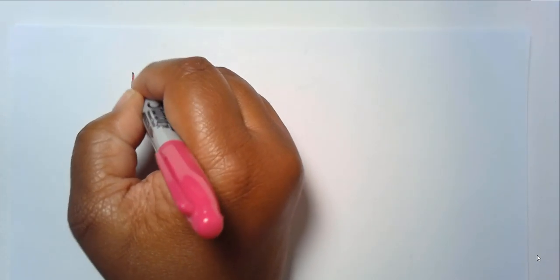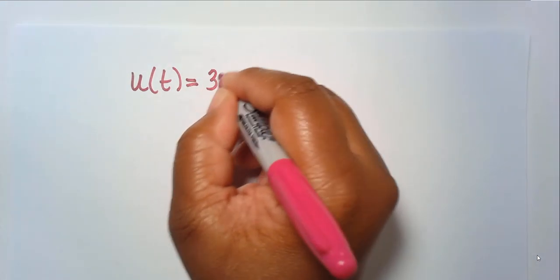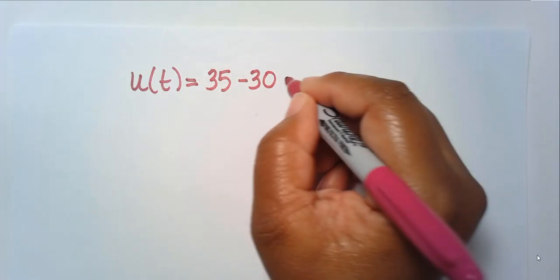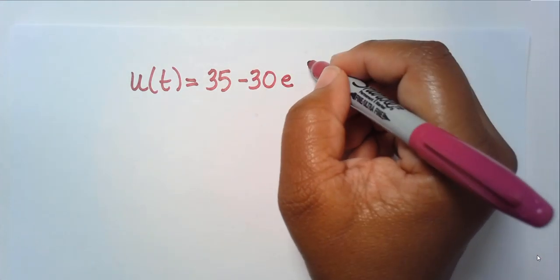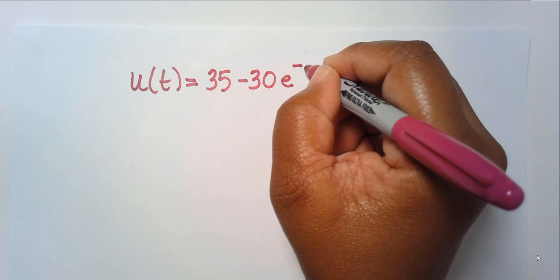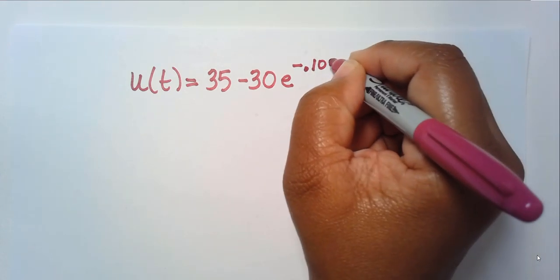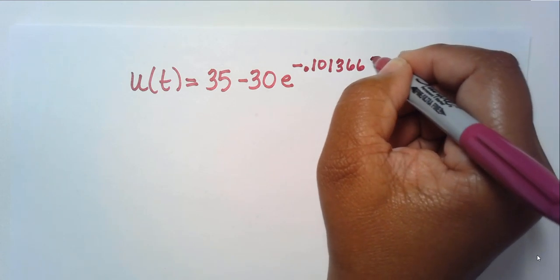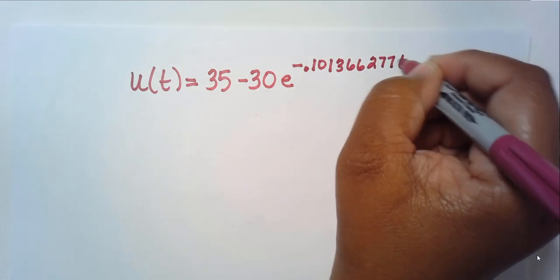So we have U of t equals 35 minus 30 times e to the negative 0.101366277t.